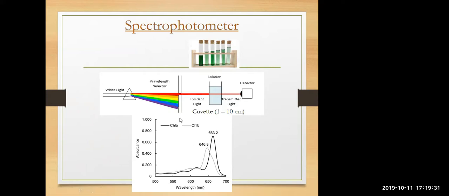The wavelength of the absorption peak will vary according to the solvent. In this example, the extract was made using 90% acetone.